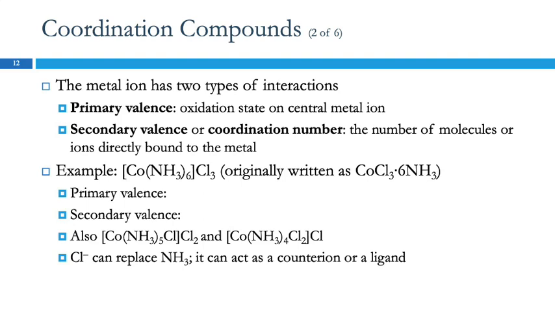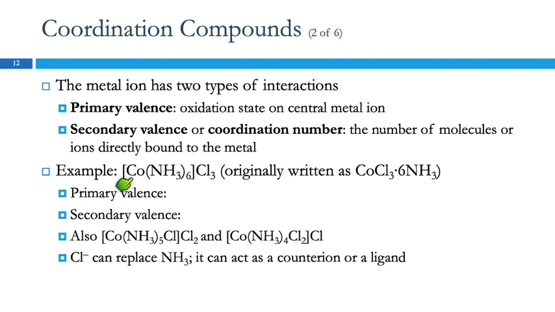There are 2 types of interactions for the metal ion. The primary valence refers to the oxidation state of that central metal ion, which would be its charge. And then the secondary valence, or coordination number, is the number of molecules or ions, the number of ligands, that are bound directly to the metal.